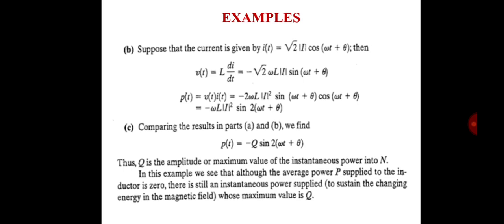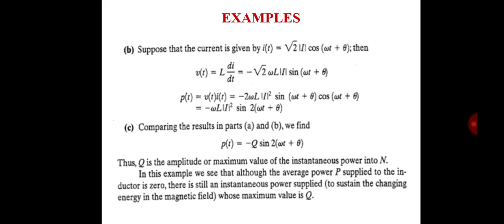We have the equation i is equal to Im sin omega t. At that time we say Im is the maximum value of the instantaneous current, and v is equal to Vm sin omega t, where Vm is the maximum value of the instantaneous voltage. So from here the equation becomes p of t is equal to minus Q sin 2(omega t plus theta).